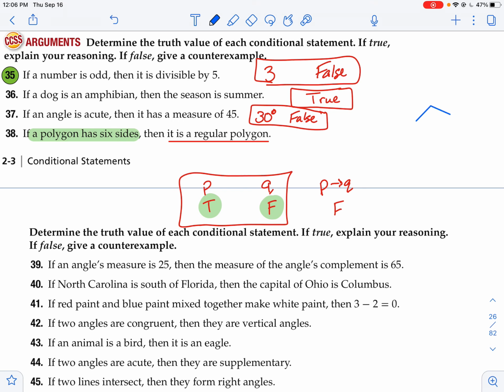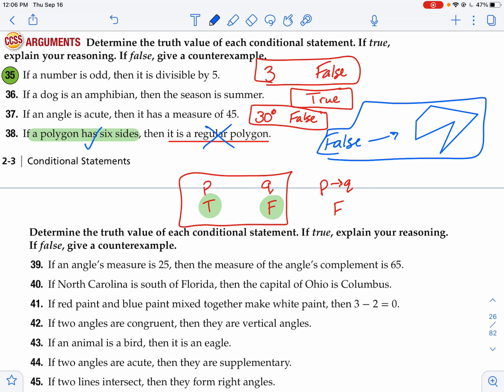Let's see, there's 1, 2, 3, 4, 5, 6. So that's a polygon, has 6 sides. Hypothesis true. It's definitely not regular, so my conclusion is false. So if I have true false right here, that means that is a false statement. And there's my counterexample, that very strange hexagon.